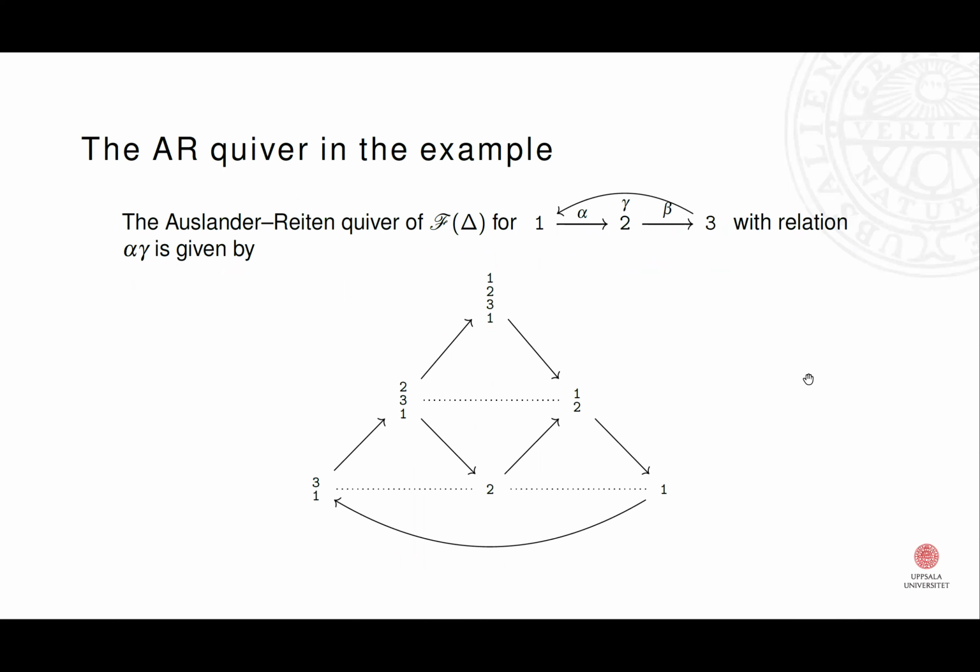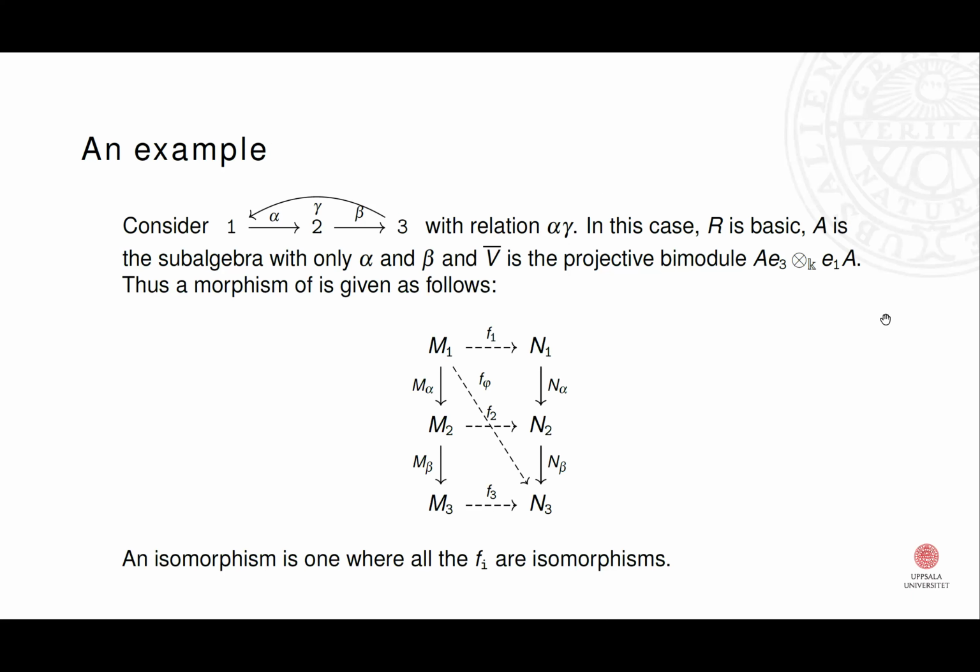Can I interrupt? Yes. Can you say something about composition? Yes. In this example or in general? No, in this example. In this example, yes. So if you had two of these next to each other, maybe I can try to annotate this in some way.